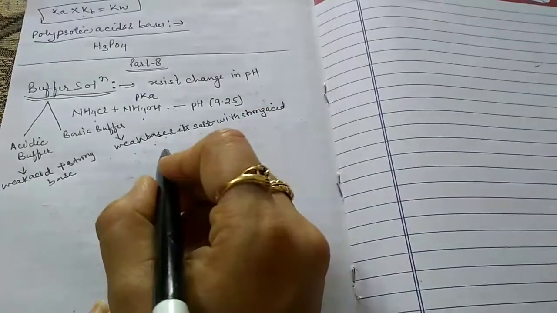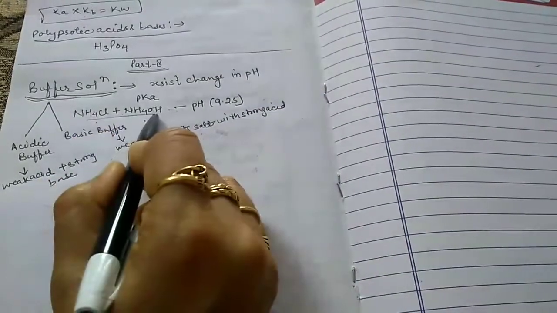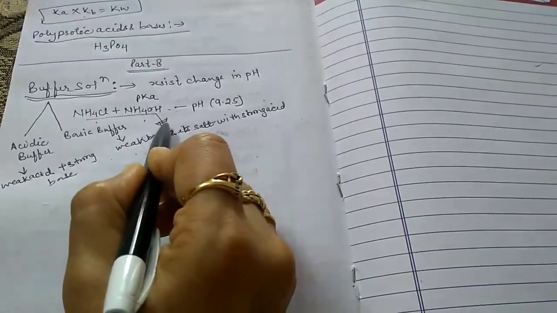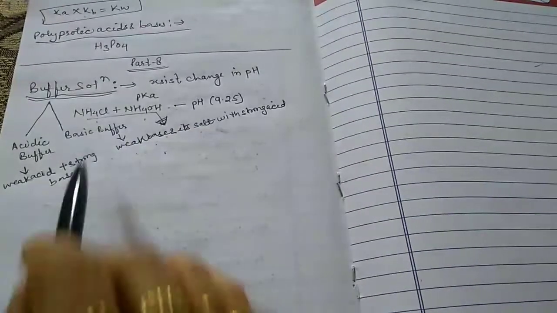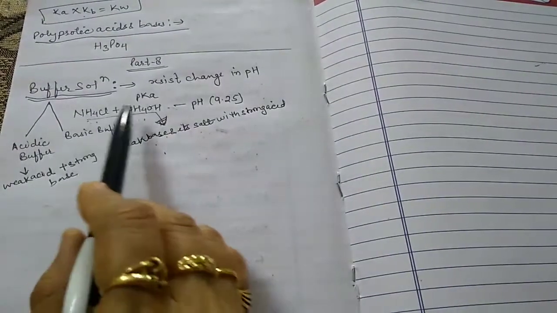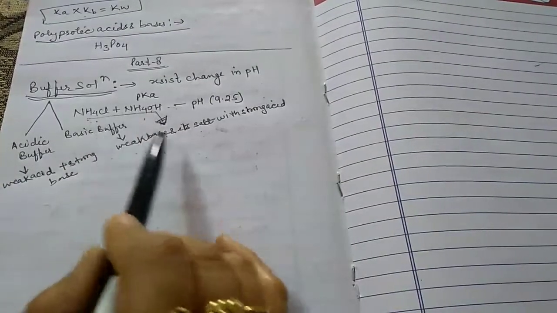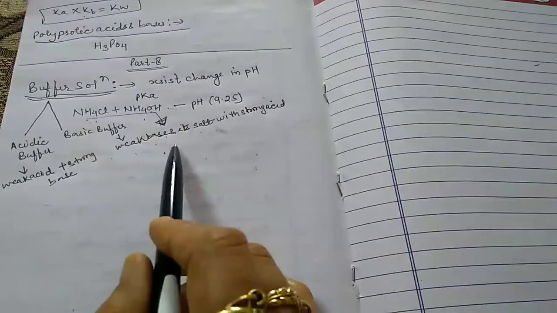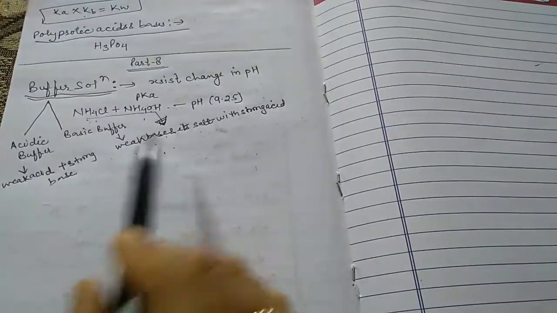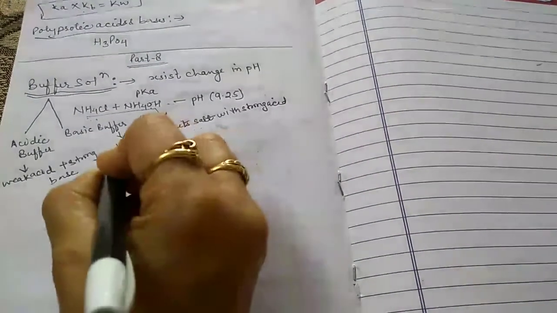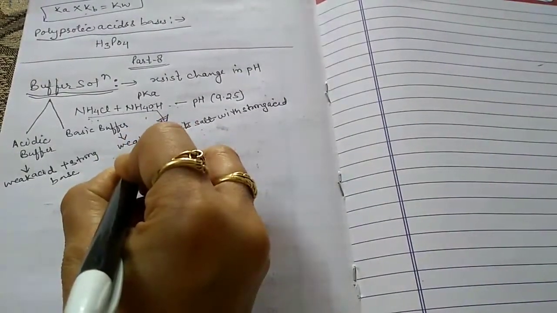The example of this one is the mixture of ammonium chloride and ammonium hydroxide, which is an example of a basic buffer, with the weak base being ammonium hydroxide.